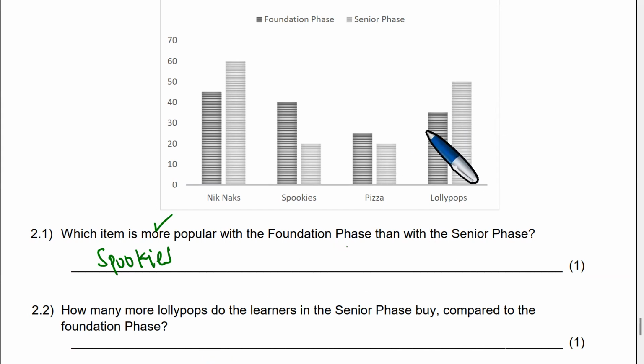Because this one, obviously, you're going to get 50, because this one is sitting at about 50 of the lollipops, and then this one is sitting at about 35. And the difference is 15. So it's correct to say 15 more lollipops. Next question.